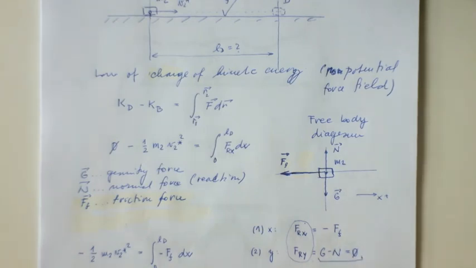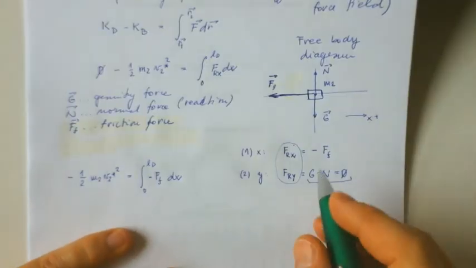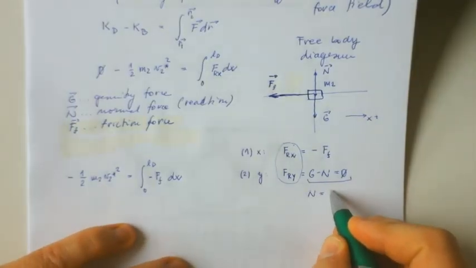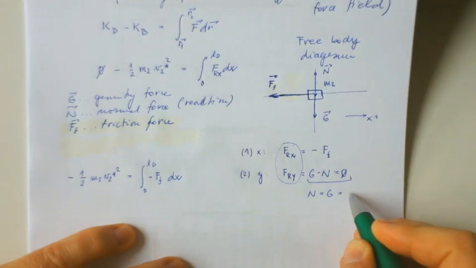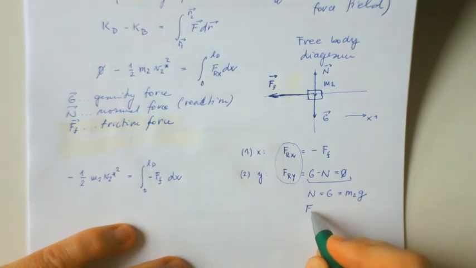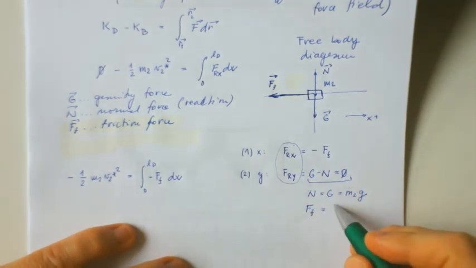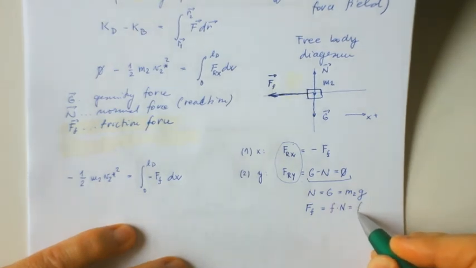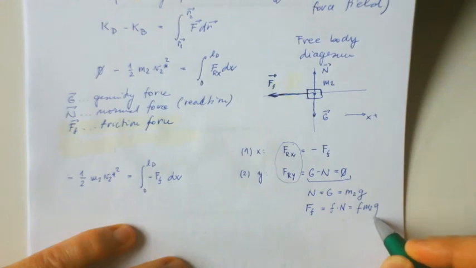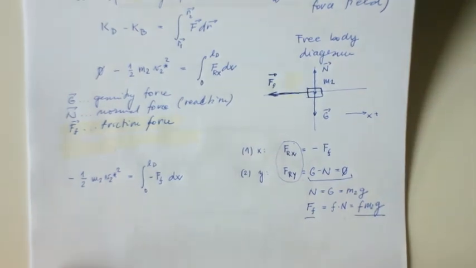From this simple equation we can calculate that the normal force is equal to the gravity force, and the gravity force is equal to m2 times g. Friction force, usually by Coulomb's law, is given by the friction coefficient times N, so it is F m2 g.